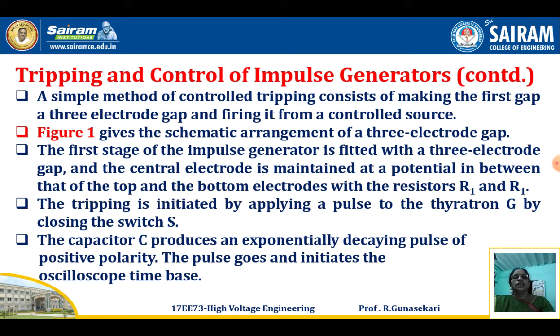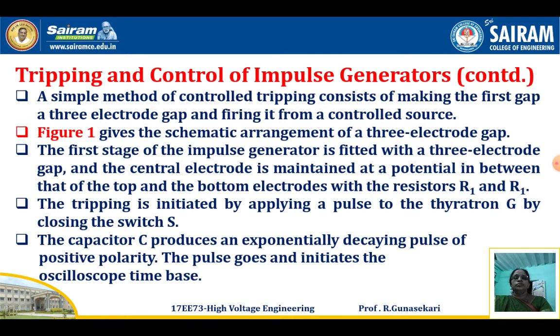A very simple method of controlled tripping consists of making the first gap a 3 electrode gap and firing it from a controlled source. Figure 1 gives the schematic arrangement of a 3 electrode gap.